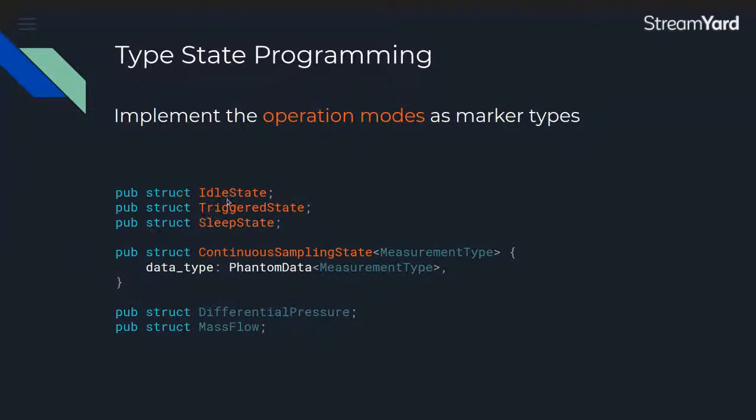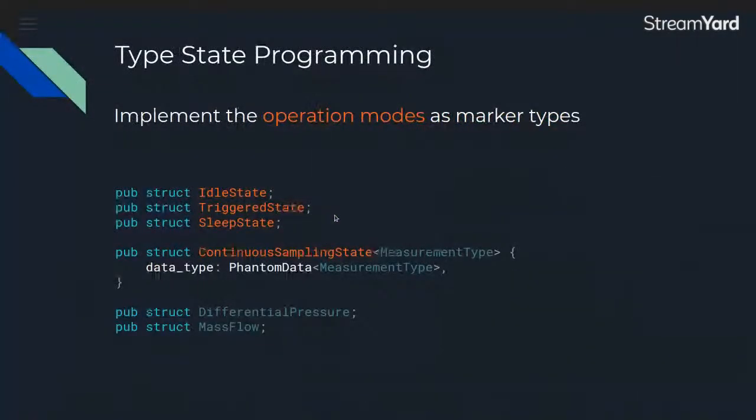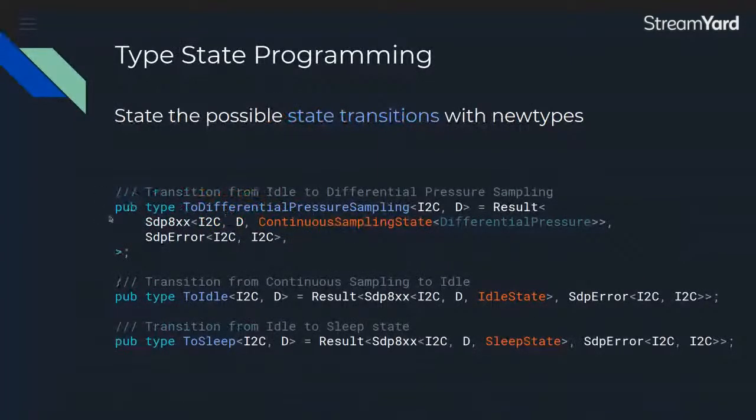The idle state is a type, but it represents a state. That seems simple, but it has some really nice implications, as we'll see shortly. Just for completeness' sake, I added the state transitions here too. In blue, they are just types, marker types for the different state transitions.